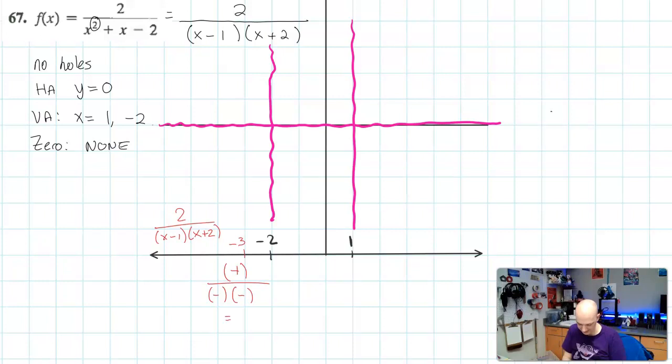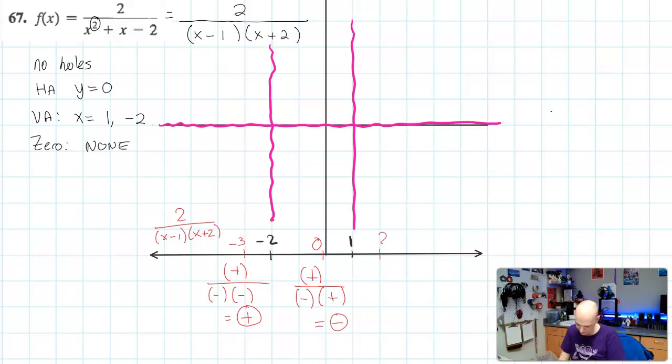So the net sign will be a positive over 2 negatives is positive. If I test maybe 0, it is a great value to test if it's not already an intercept. So let's test 0 as a test value. We'd get a positive over well, 0 minus 1 is negative, and 0 plus 2 is positive. So we'd get a net sign of negative.